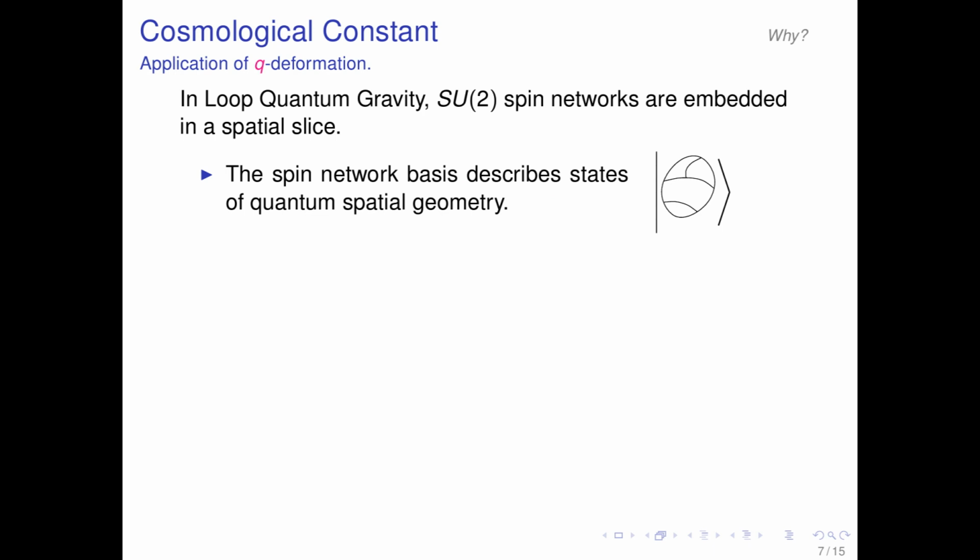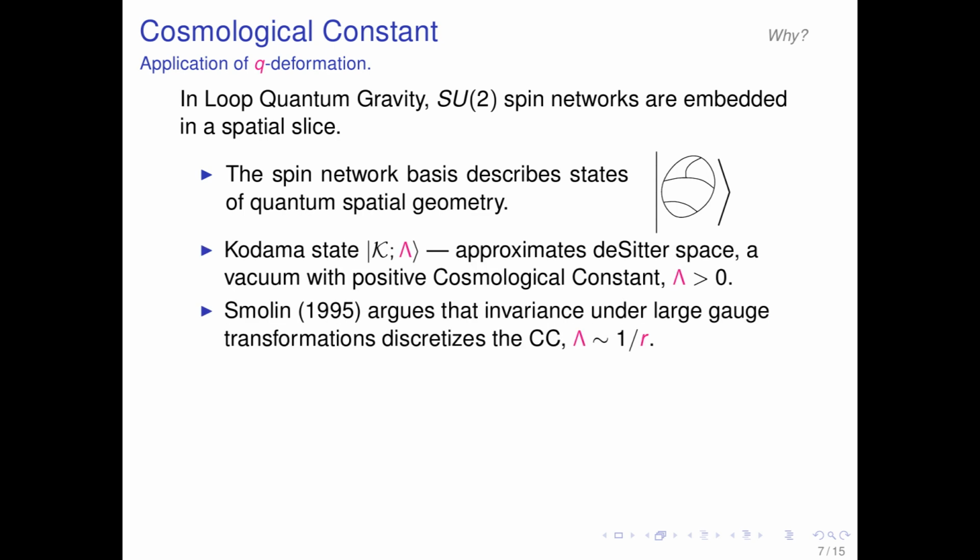The argument here is heuristic, coming from loop quantum gravity. In loop quantum gravity, we have spin networks which are embedded in a spatial slice, and their graphs are labeled by representations of SU(2), which describe quantum spatial geometry. Also, in loop quantum gravity, we can construct certain states called Kodama states, which are parameterized by this number lambda, corresponding to a positive cosmological constant.